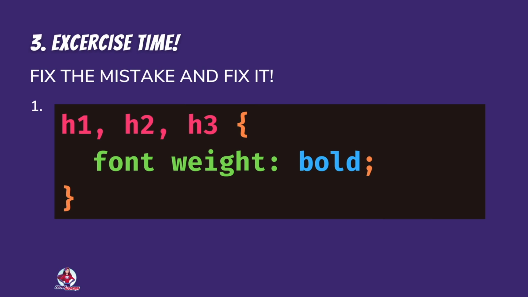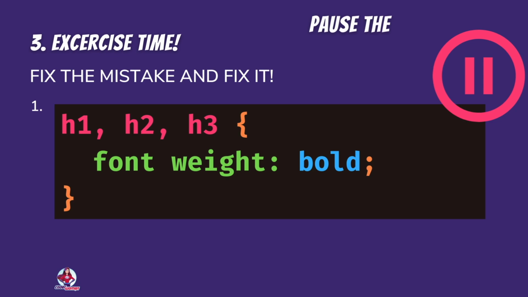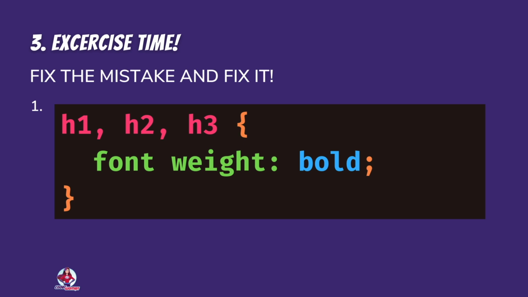The following code should make all headings bold, but it's not working. Please pause the video, find the mistake, and fix it. What's the solution? The mistake is that there should be a hyphen between font and weight. Let's go to another exercise.